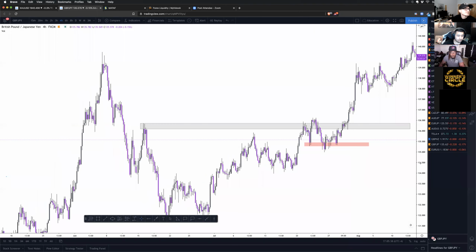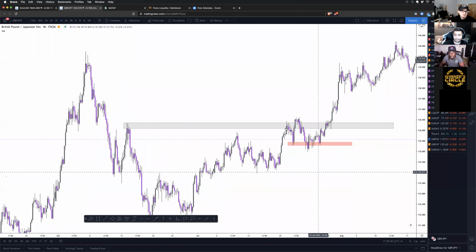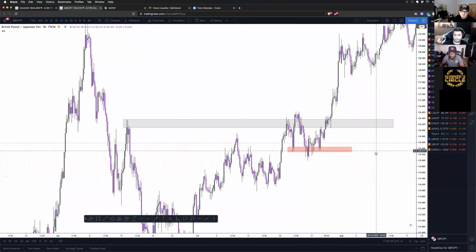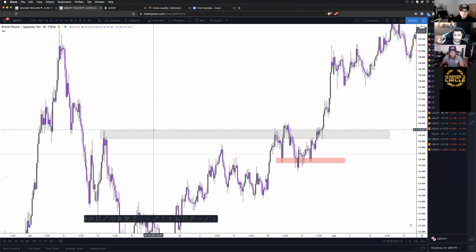Okay, so based on this previous lower high over here, tip of wick, tip of body, you can see when price came into that region, we had rejections, nice intraday move, came back up, rejected again, tried to reject in here, but this is where the zone comes into play.